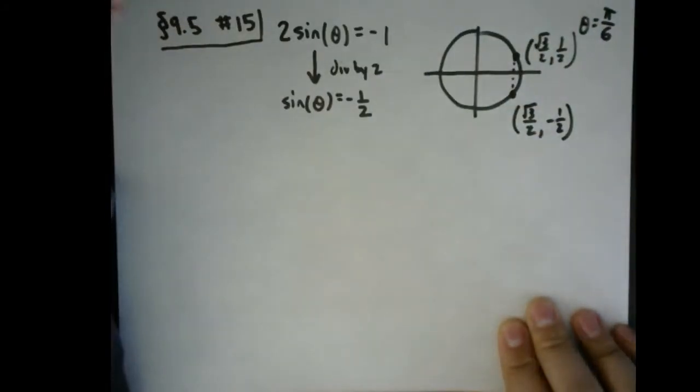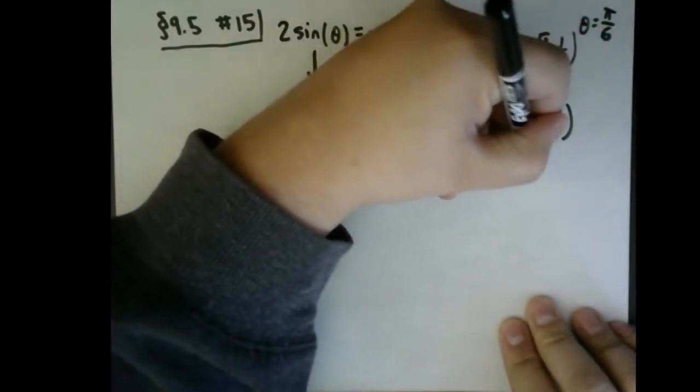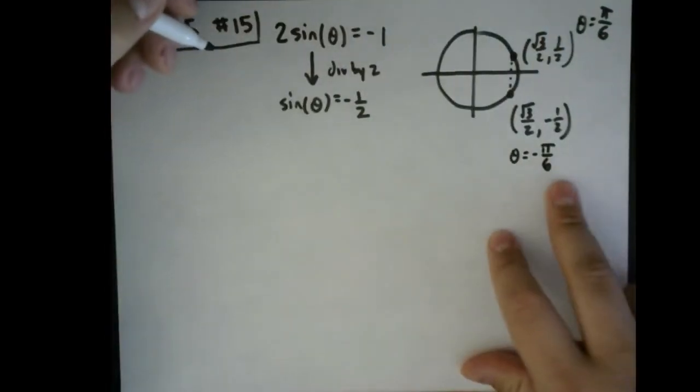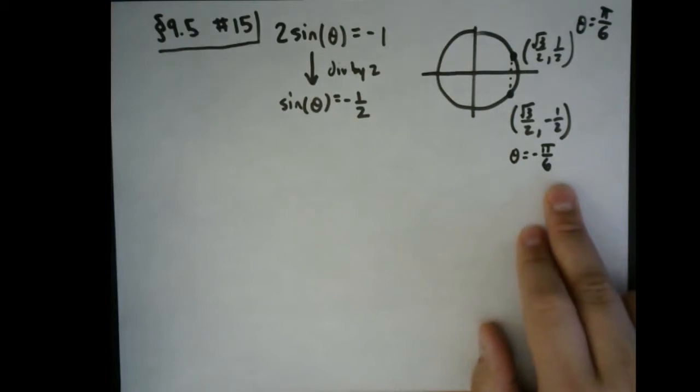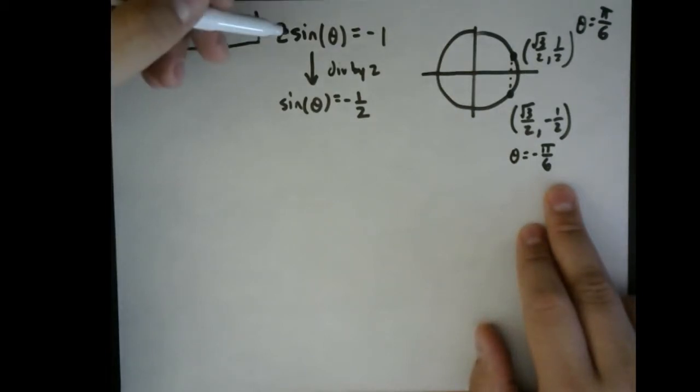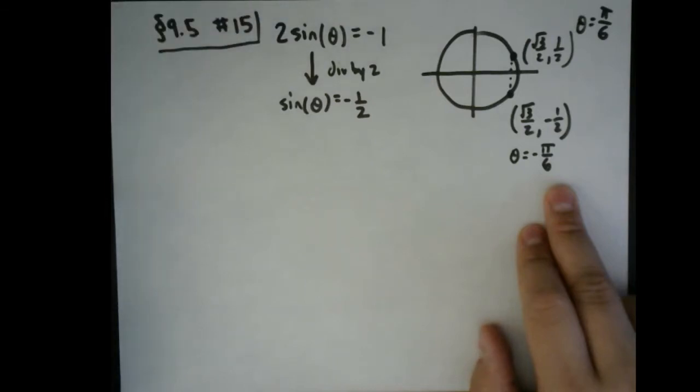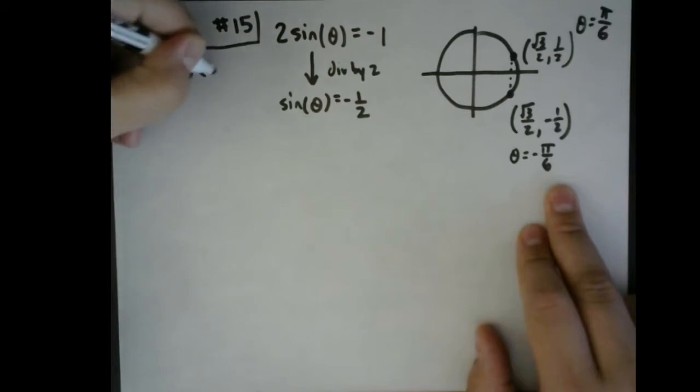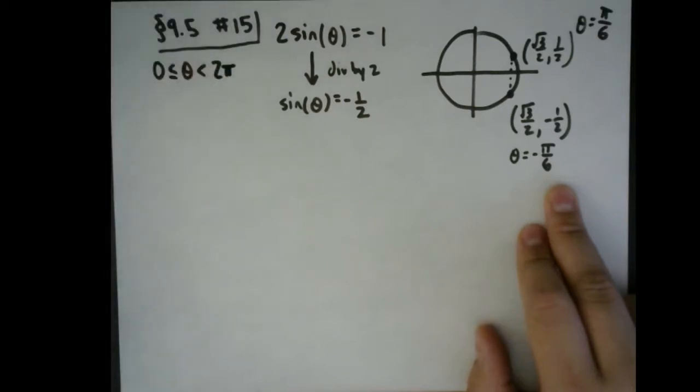And I'd like to say that that's negative pi over 6. And if I was doing something with an inverse trig function, that's what I would say. But the problem is I can't do that here because they're telling us we need theta to be between 0 and 2 pi.